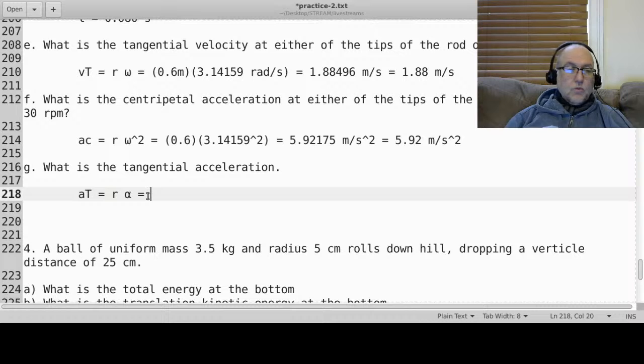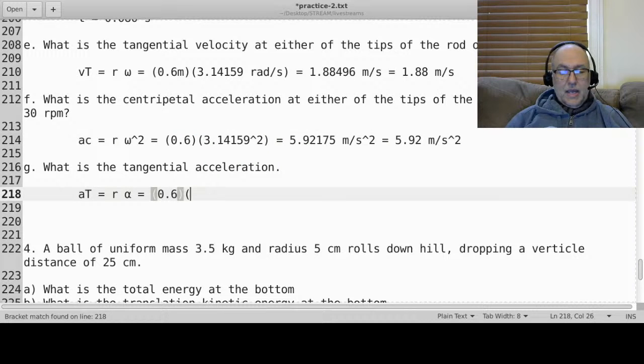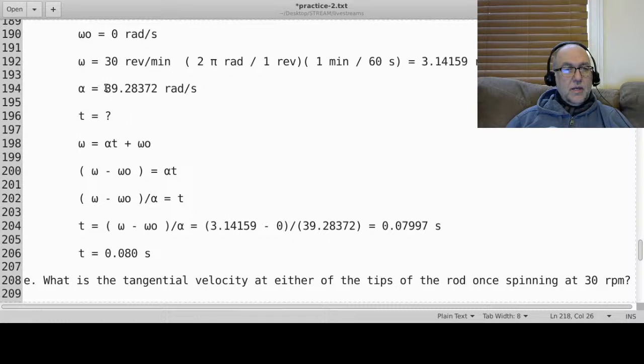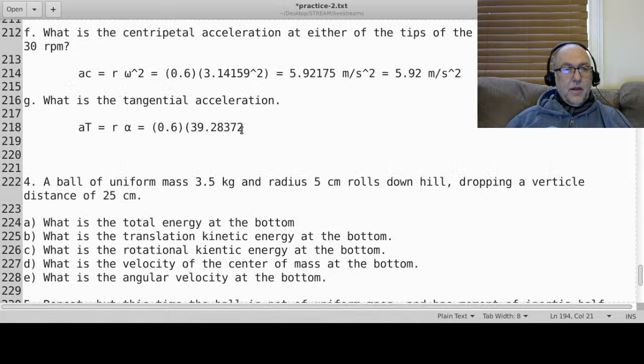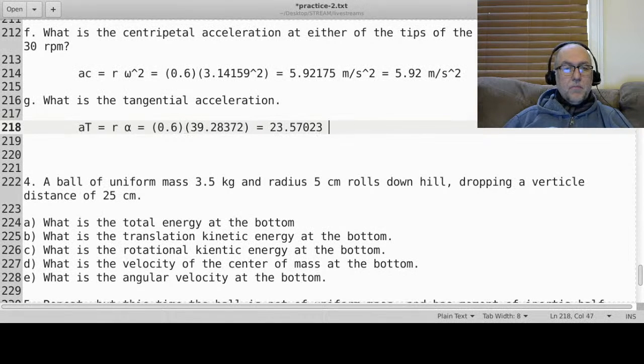Well, in this case it could be either the same direction or the opposite direction, but not at some other angle. So what's this going to equal? It's going to be 0.6 times alpha. What did we find alpha to be? We found alpha was that value there, and so this number is equal to this number here, again in meters per second squared.